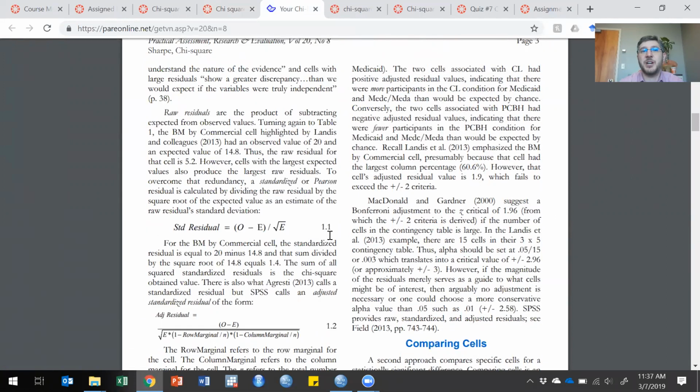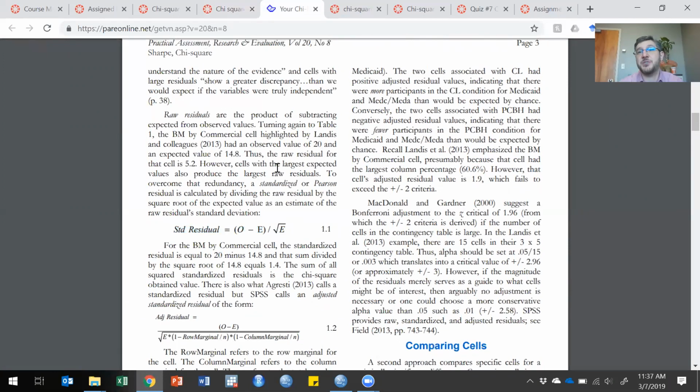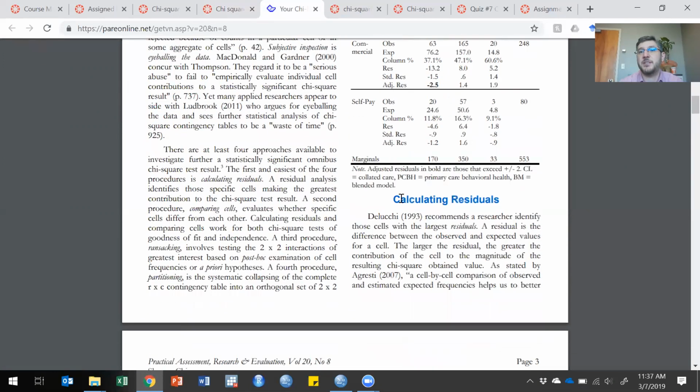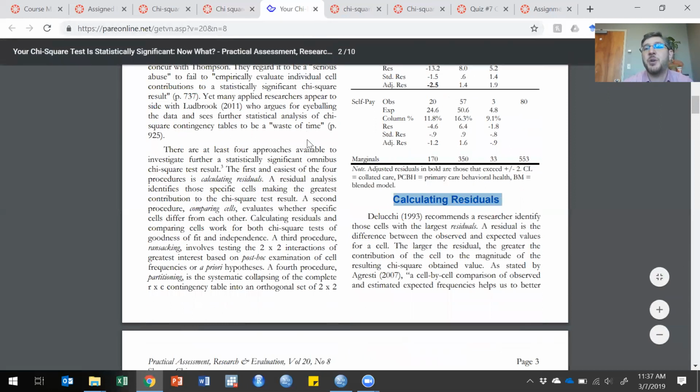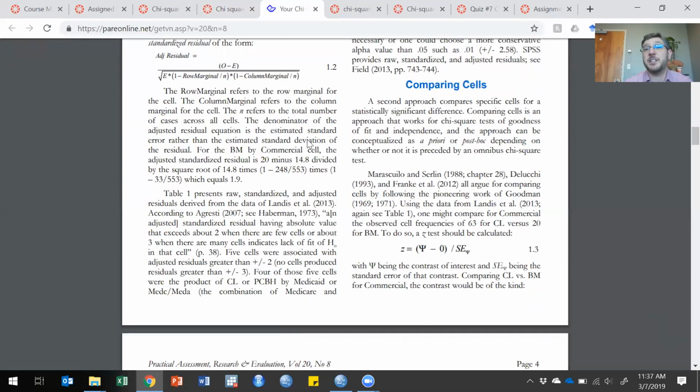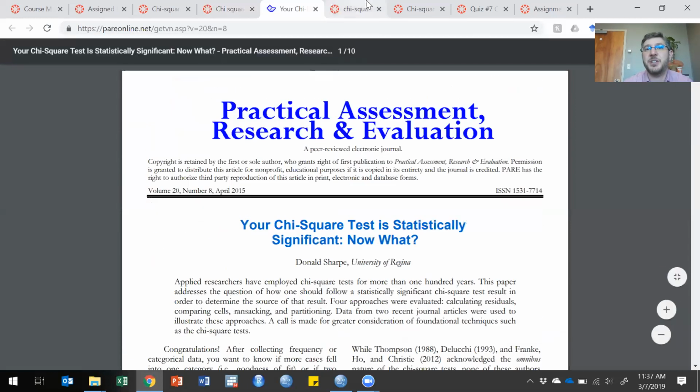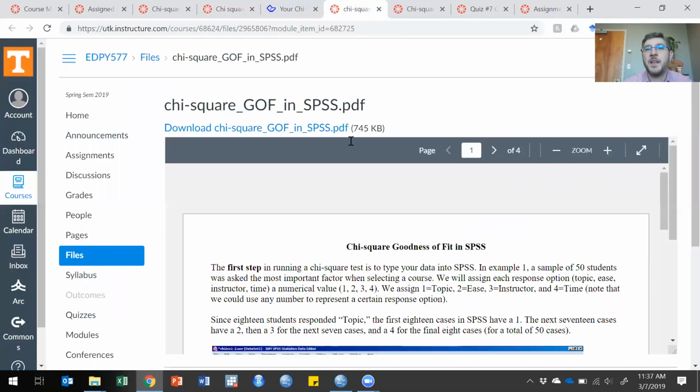Right here, we're going to use the standardized residual to discuss which categories contribute to that statistically significant chi-square value. But the article also talks about various other ways that you could do that as well.